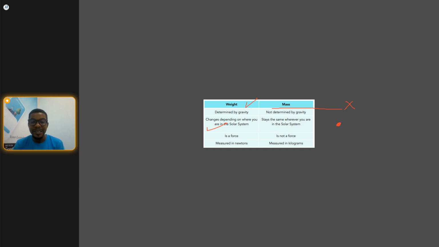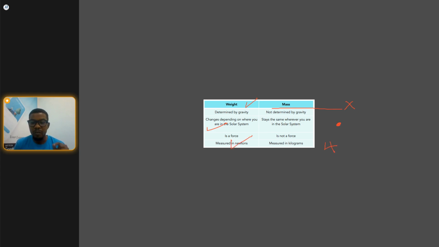But as for mass, it is the same everywhere. If the mass of an object is 5 kg on Earth, when you take it to the moon, it's still 5 kg. It does not change. So mass remains the same wherever it is in the solar system. Weight is force, but mass is not force.